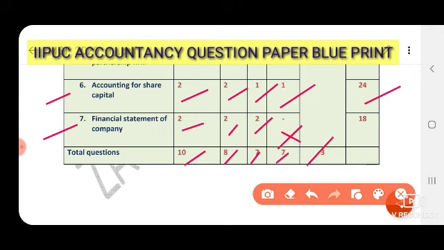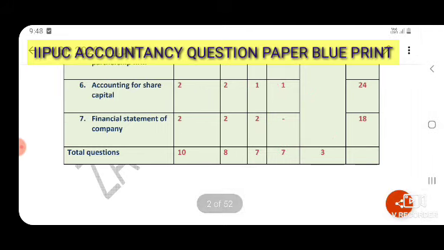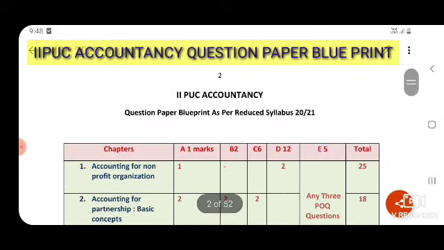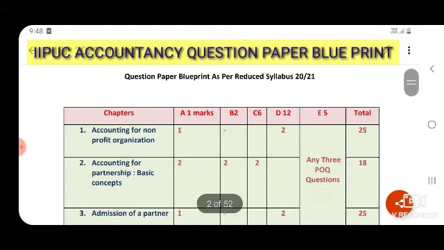On the next page I will show you the total practical oriented questions. So this is about the second PUC question paper blueprint as per reduced syllabus.